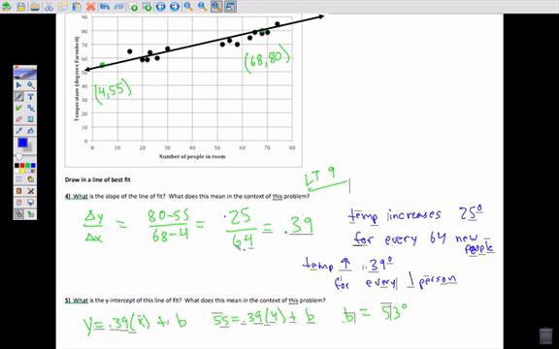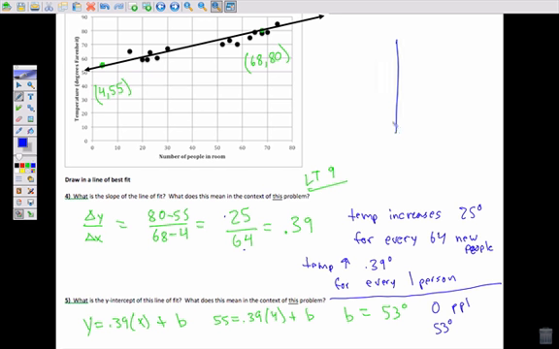What this means in terms of the problem is that when there are 0 people in the room, the temp is still 53 degrees. A lot of people kind of switched it around, saying that 53 people would need to be in the room in order for it to be 0 degrees.